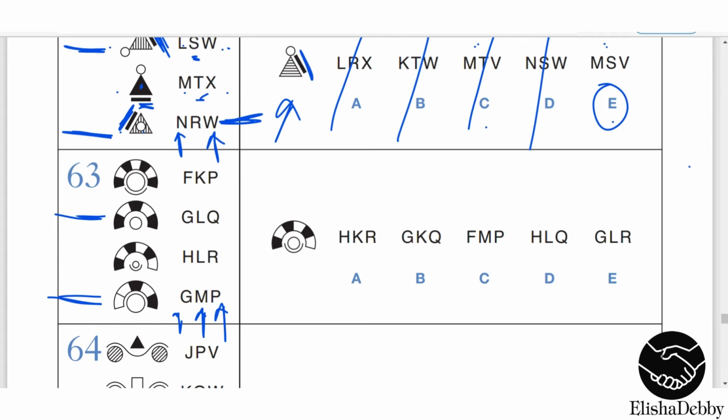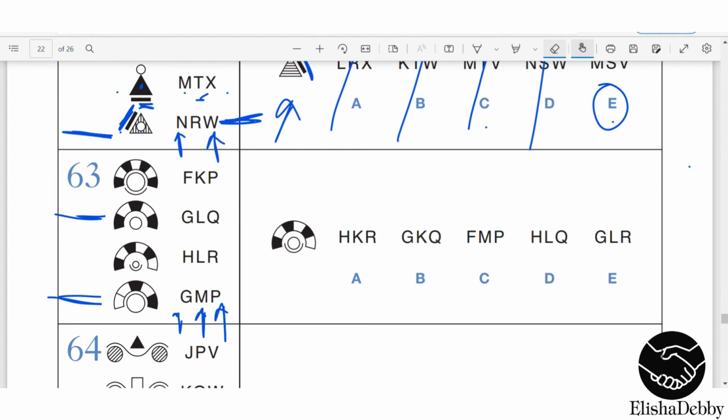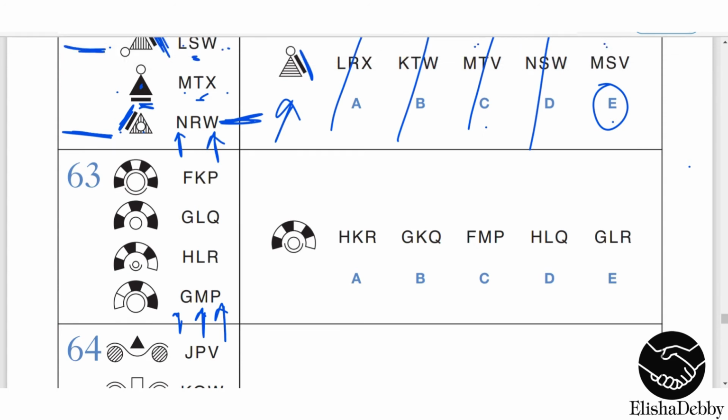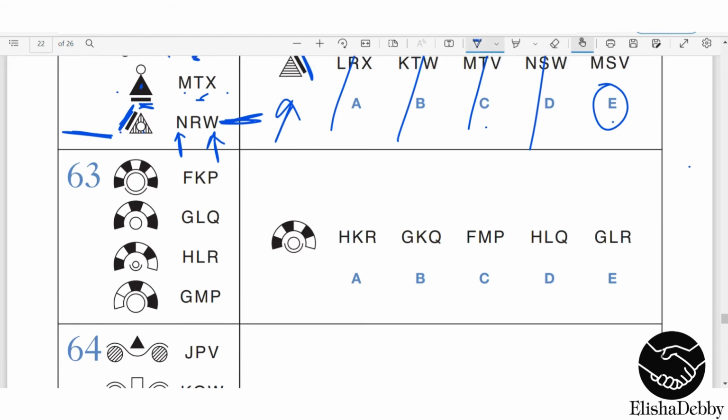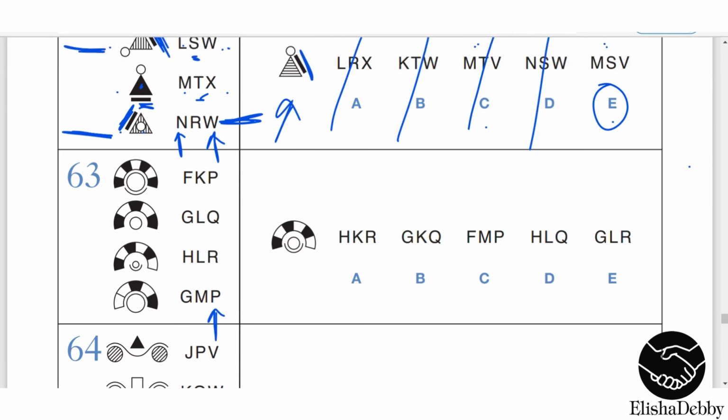I can't really see what is common between those two. If I'm not sure, what I do is I go to the next one, and let me clear that out. I can't see what is common with the first letter, but maybe I will see. When you're not sure, just go to the next one, because remember, you're running out of time. You need to do it very quickly and carefully.